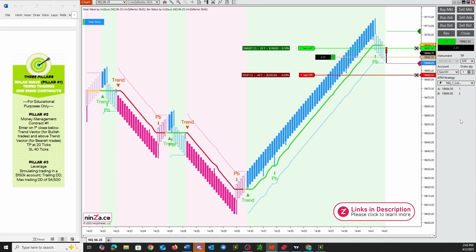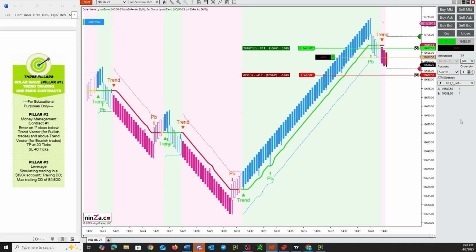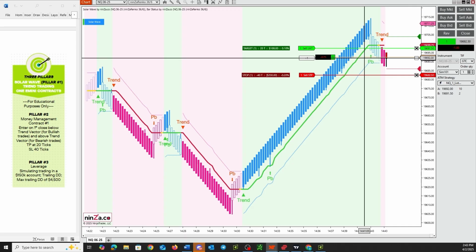Alright, we're in. Let's see if we get anything here. We triggered the short side while I'm still in the trade. If we get back above that, I'll try to go to break even as quick as I can. Come on, pop back above.